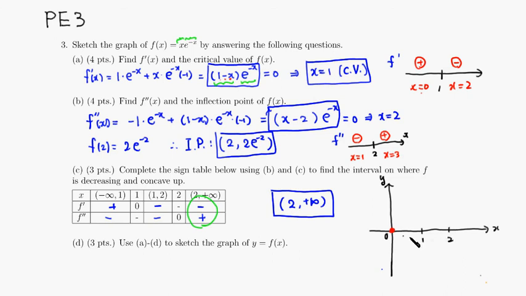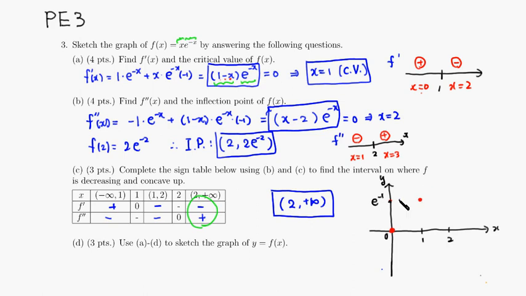F of 1 would be 1 times e to the negative 1. It's not the correct scale, but that's e to the negative 1, and you have to go through here.